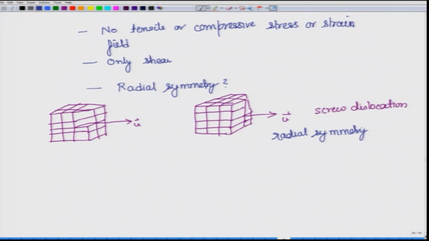But if we go by the stress and strain field and we want to draw how they would look like, let us see. So, we have the two components sigma xz and sigma yz. If we try to draw them, they will look something like this.